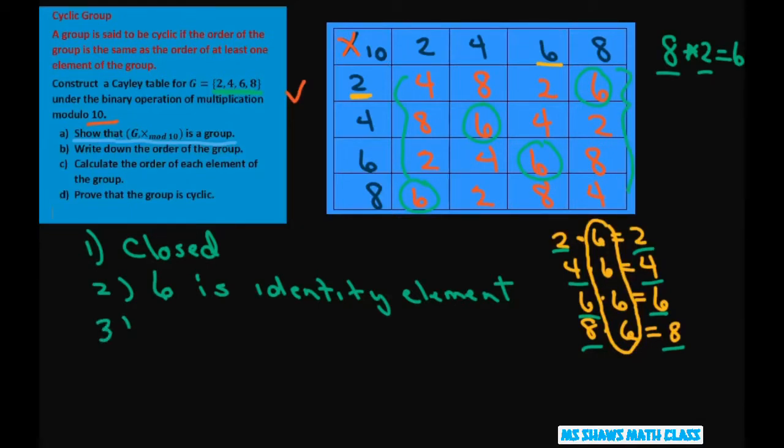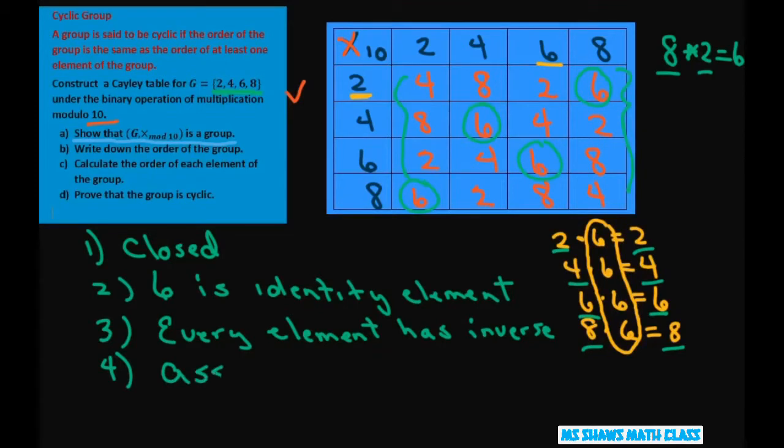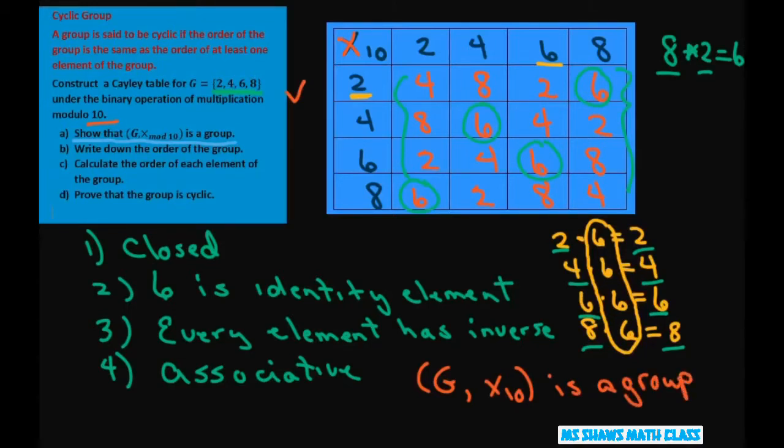But all we have to do is say that every element has an inverse. All right. Multiplication is automatically associative, so we write associative. So hence, G under multiplication modulo 10 is a group.